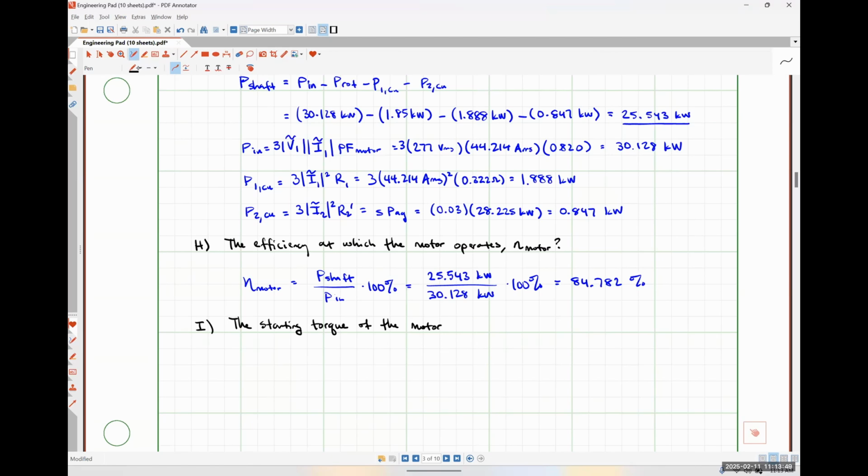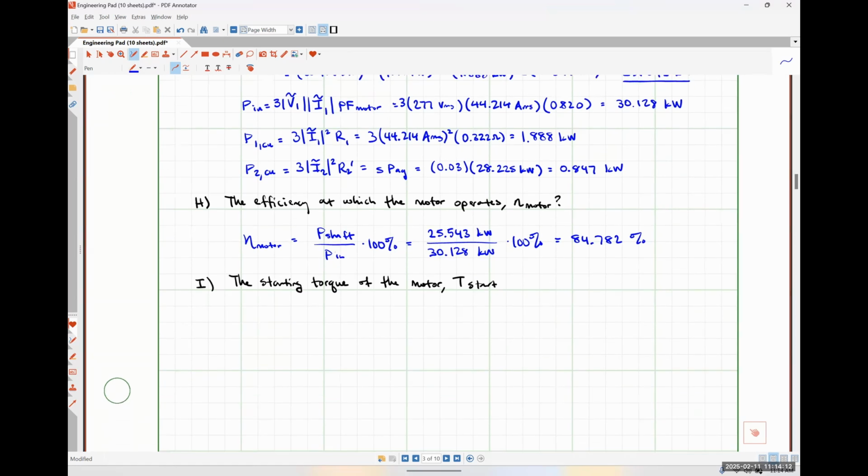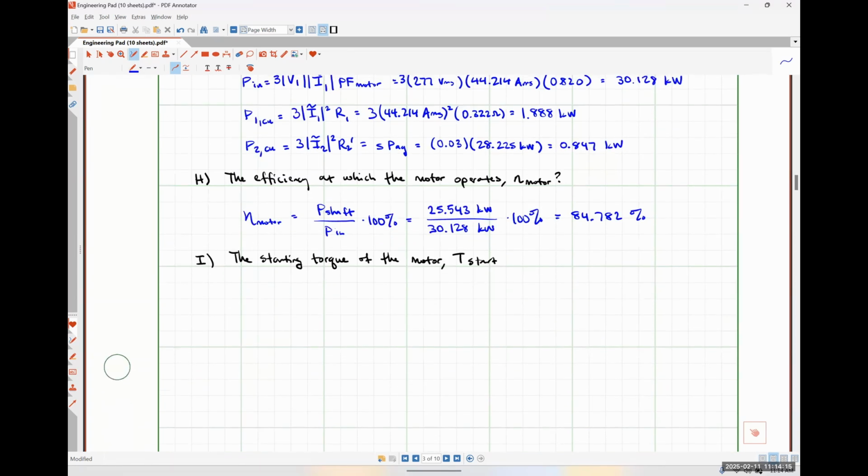So anyway, so the starting torque of the motor, T start. So this is one of the equations that I introduced today, right? So it would require us to do omega S. We have everything filed there. Right. So omega S is just going to be, so I have an equation here, just to be clear.